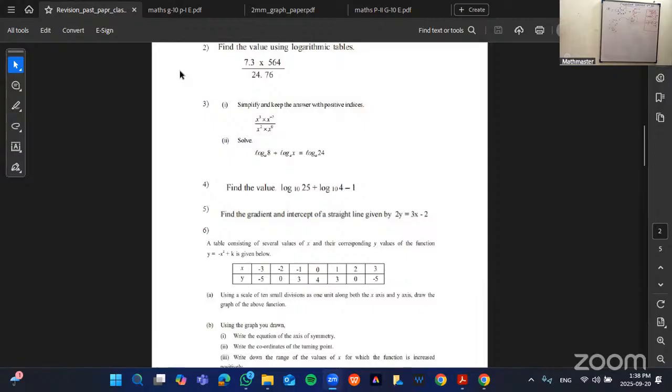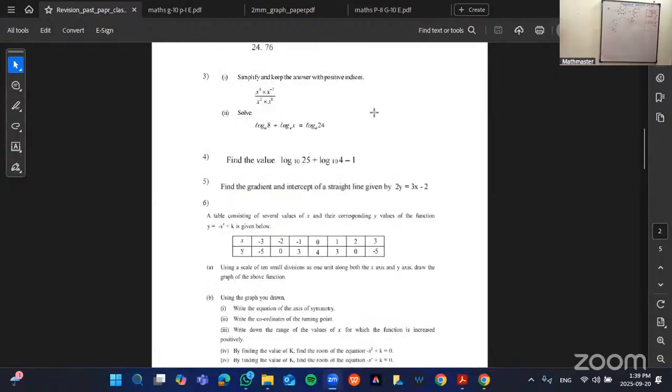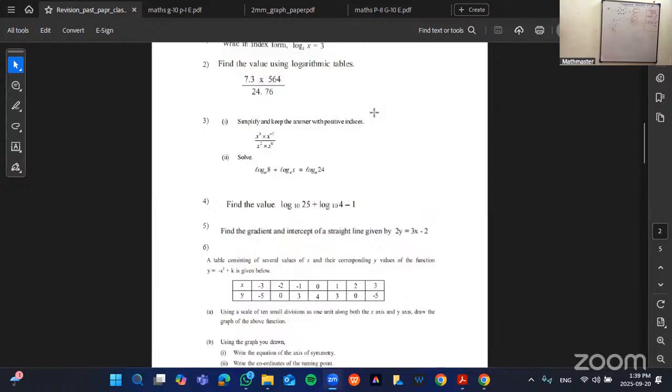Can you see the board properly? Okay, so I hope that you can see it properly. If you have any problems, just send it through chats, right?